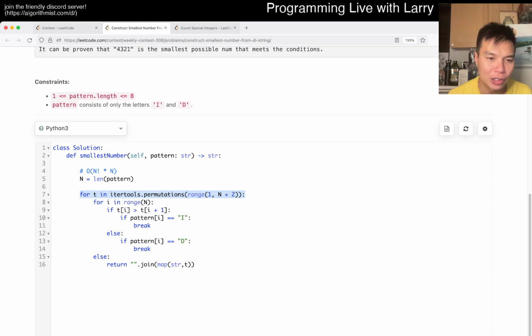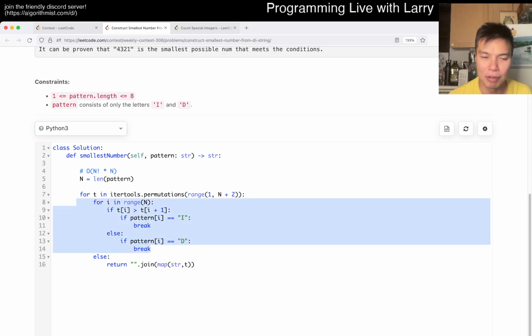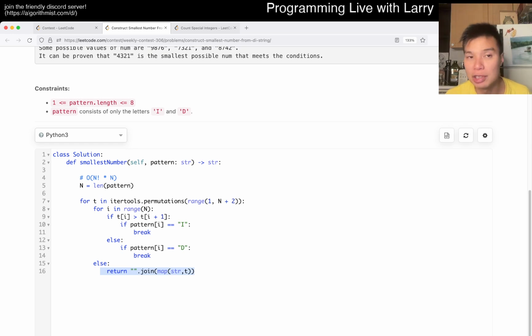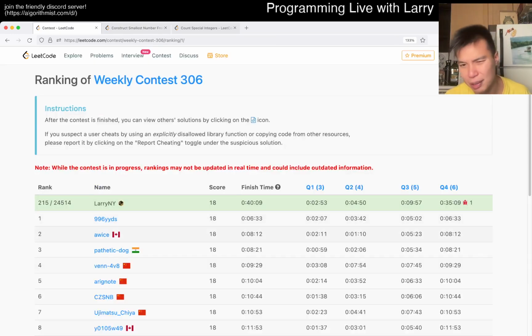So as soon as you see a case where it's wrong, then we break and go to the next one. If none of these is wrong, then in an else, we return the answer. And that's pretty much the idea here. So that's all of this problem. And I got it in 5 minutes, but probably a little bit slower. Got it in 1 minute, Jesus.